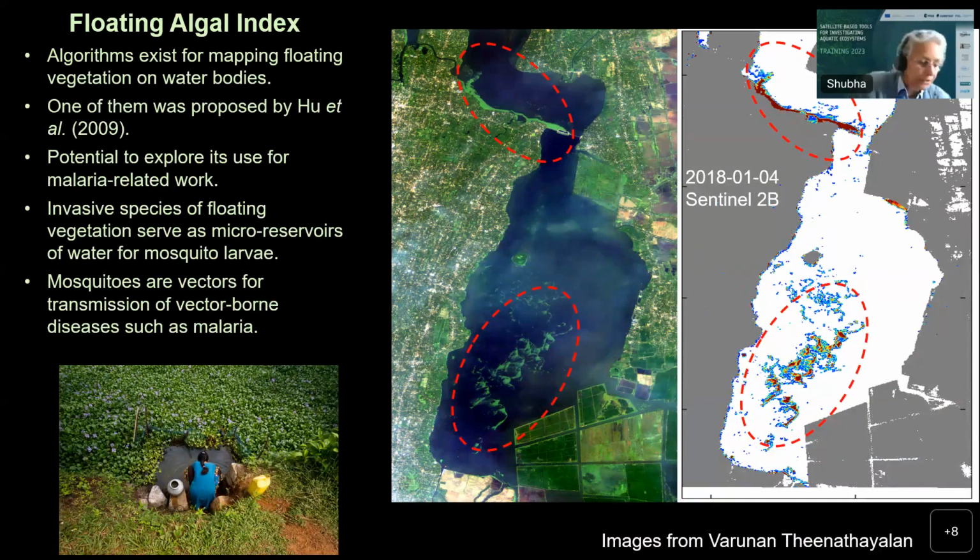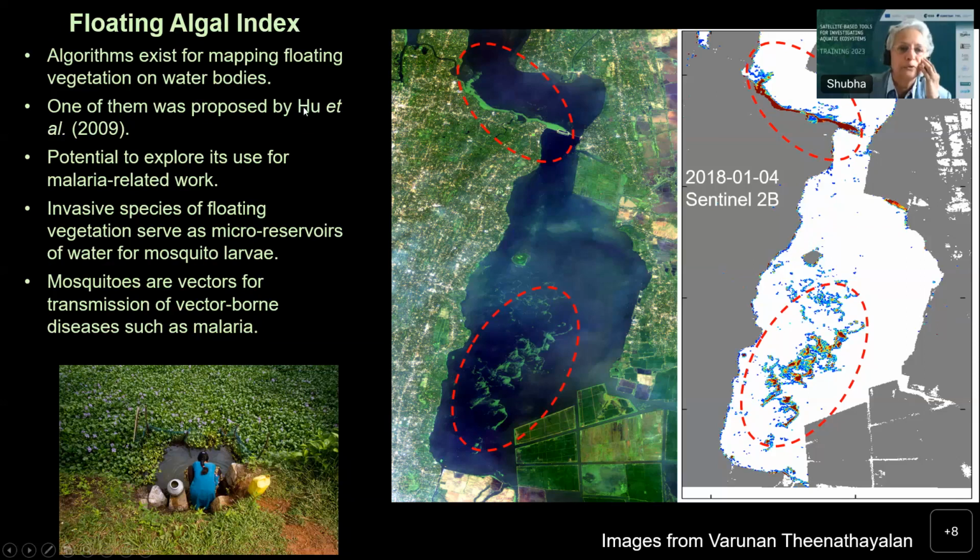I think I'm running desperately out of time, so let me pass quickly through this one. I mentioned earlier that floating algal vegetation could be an important factor in the story. And there are ways in which you can detect floating algal distributions using satellites.